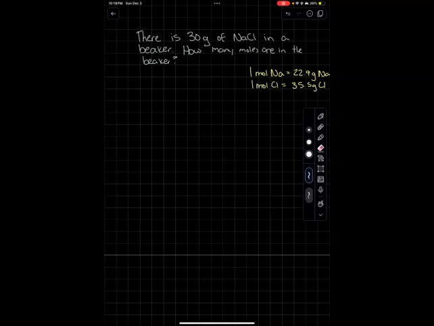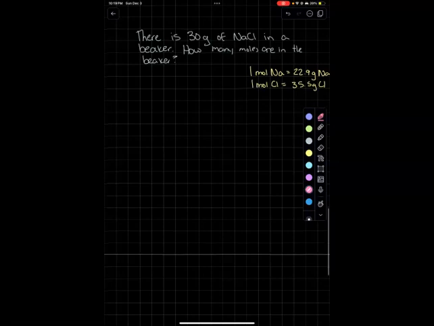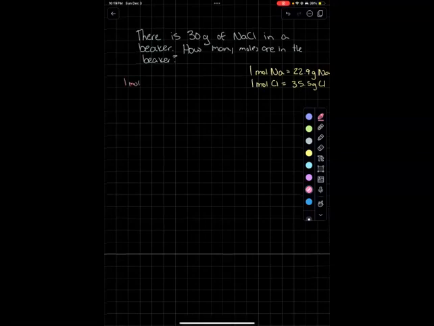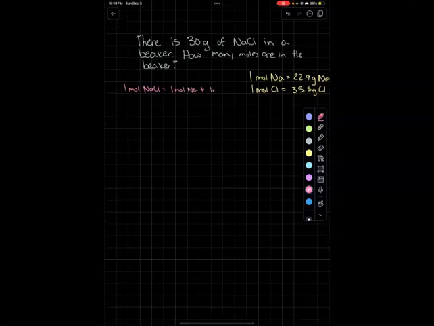Alright, in our next problem, we are going to calculate the amount of moles in a compound instead of just one element. There are 30 grams of sodium chloride in a beaker. How many moles are in the beaker? Well, the first thing we have to do is figure out the mass of sodium chloride. So 1 mole of sodium chloride is the same as 1 mole of sodium plus 1 mole of chlorine. And since they are just 1, we don't have to worry about multiplying or anything.